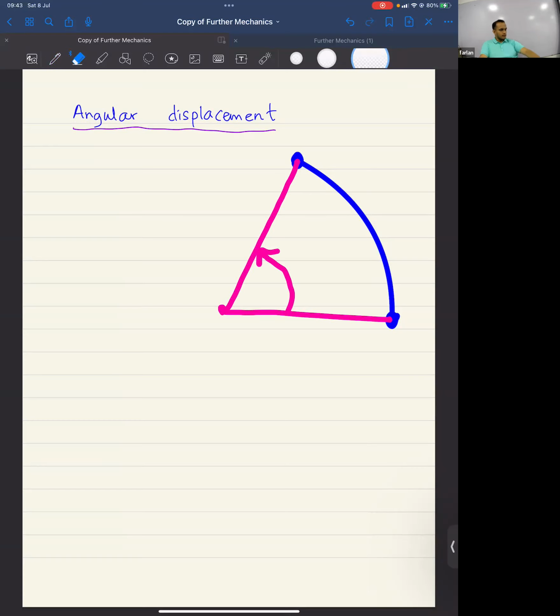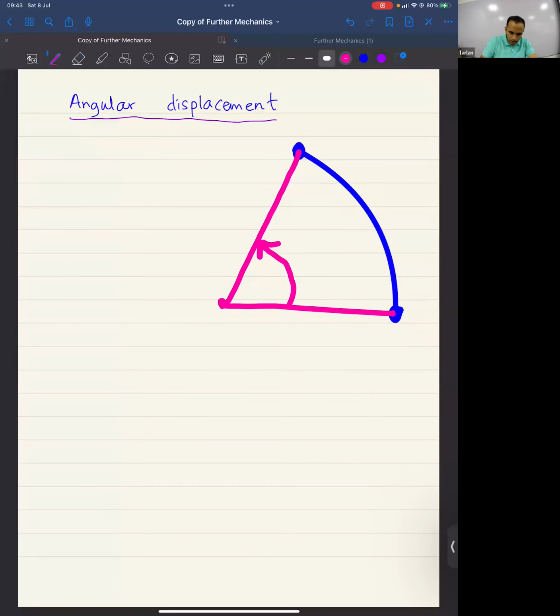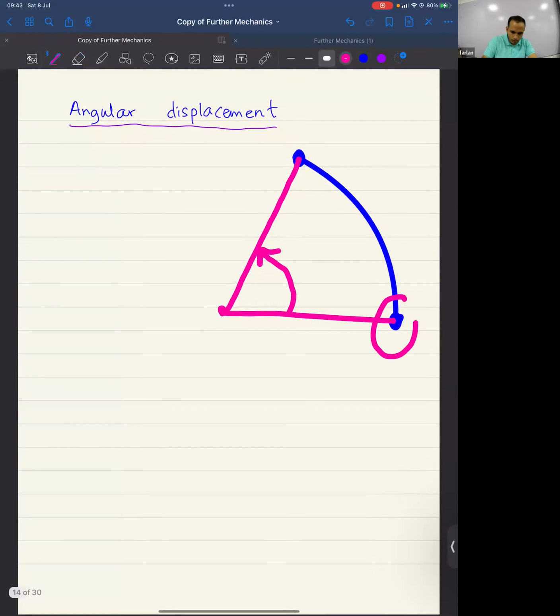Okay. Now you're moving. Let's say you have a car or a bicycle and you start moving in a circular path, in an arc. So there is a particular center for that circular path. This is the center.